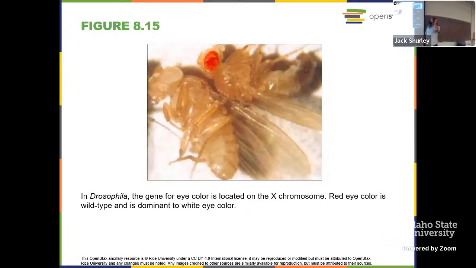So here we're looking at Drosophila, a fruit fly, right? There are all sorts of fruit flies around right now, with stuff like tomatoes coming into the house. We see little fruit flies, dang you buggers. Drosophila is a model organism.